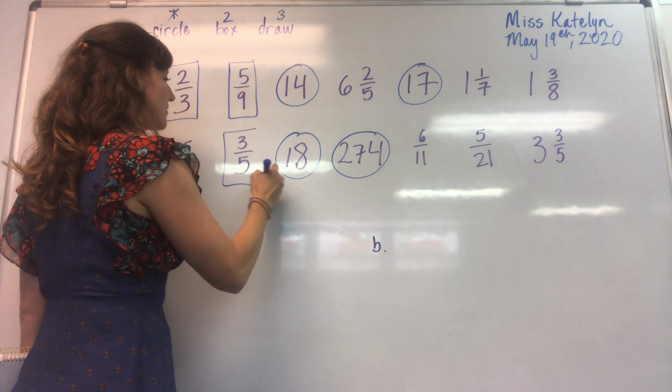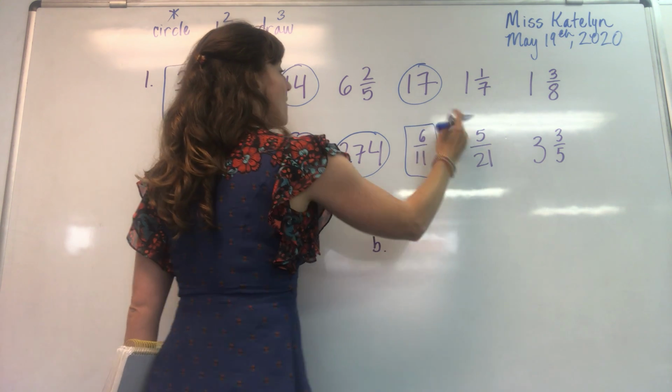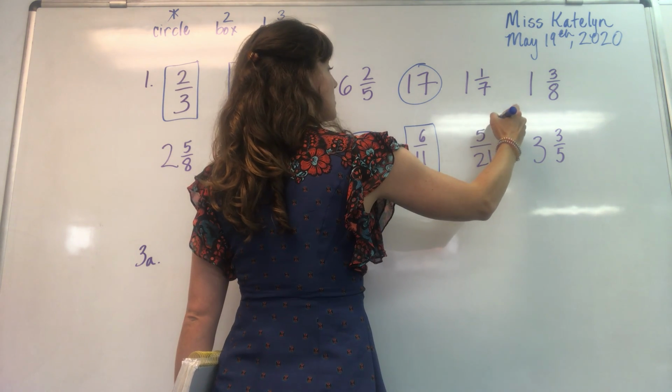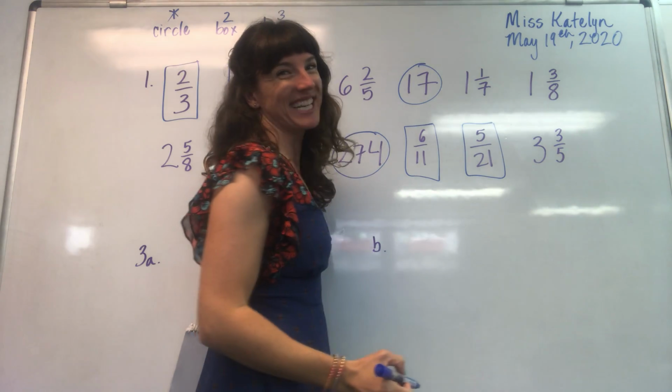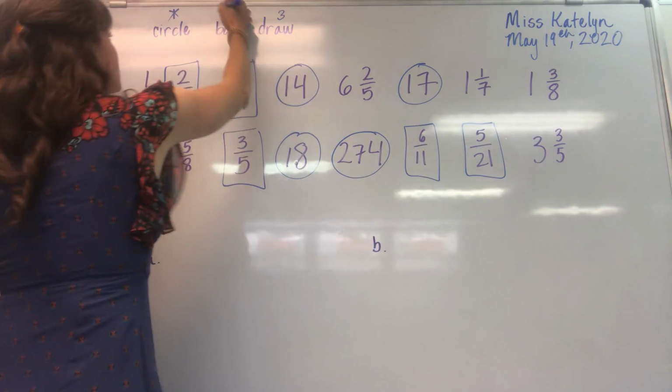Box it. Boom, boom. 6/11, fraction. 5/21, fraction. 3 3/5, combo, no fraction. All right, cross out the number 2.